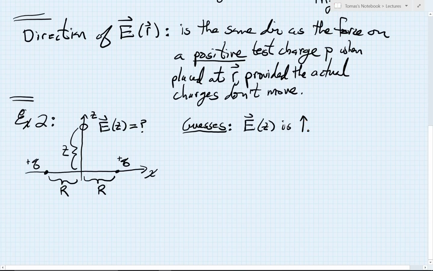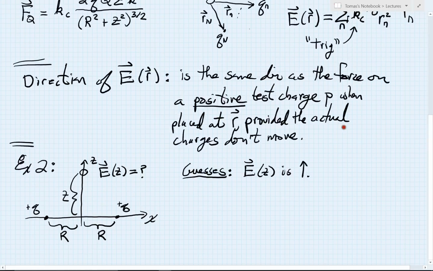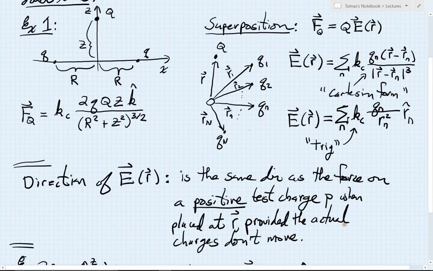Now there's a second guess that I can make here. This is a little bit more of a sophisticated way of doing the guess, but I want to leverage what I already know from the previous problem. In the previous problem, I had exactly the same situation, except I had a charge actually sitting at this point, feeling an actual force from that electric field. And we had worked out what the value of that force is. I'd like to relate that value back to this electric field, which I'm trying to calculate.